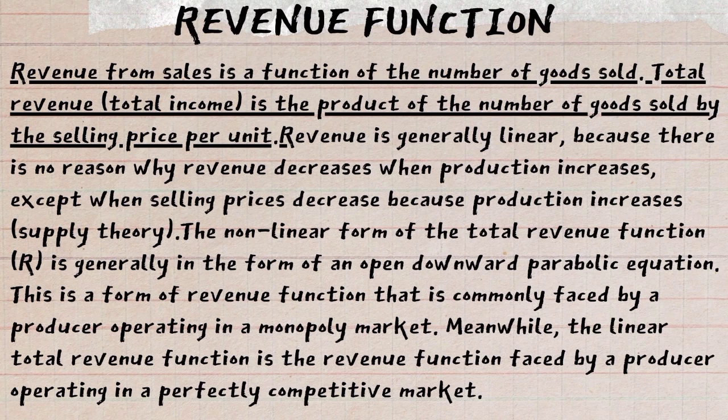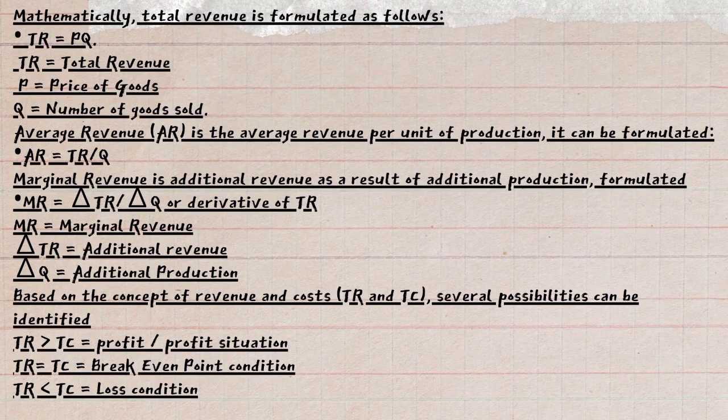Meanwhile, the linear total revenue function is the revenue function faced by a producer operating in a perfectly competitive market. Mathematically, total revenue is formulated as follows. TR is P times K. TR is total revenue and P is price of goods and K number of goods sold.